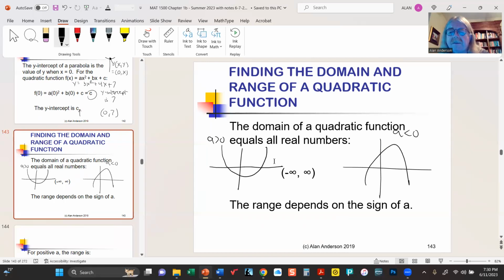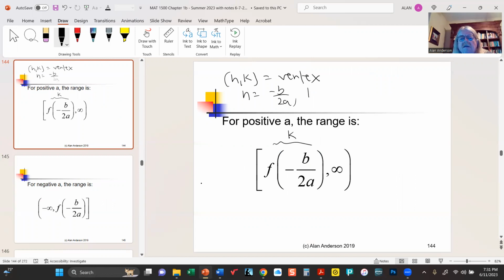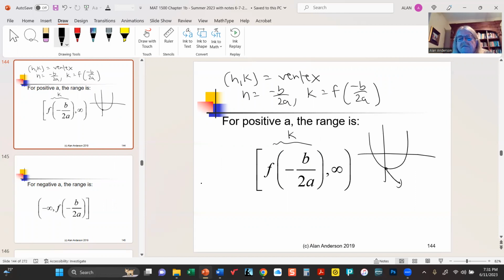The range is the tricky part, but we mentioned this several times. Recognize this is k. So for this case, this is the point.